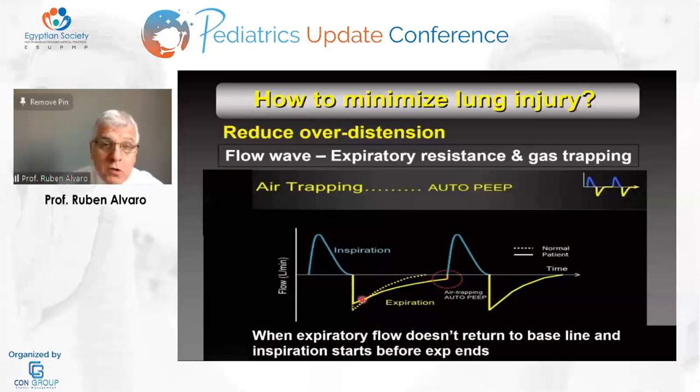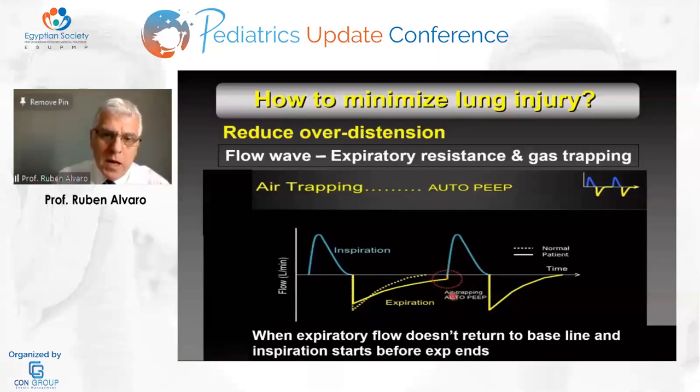It could be because your expiratory resistance is too high and it takes longer for the air to leave the lungs, or because the TE, the expiratory time, is too short and you're not allowing the flow to completely escape the lung before the next inspiration. In any case, you can see here that the expiratory flow does not reach baseline before the next breath starts. So you end up with extra pressure in the lungs before the next breath.